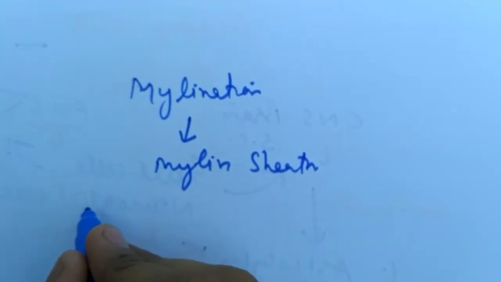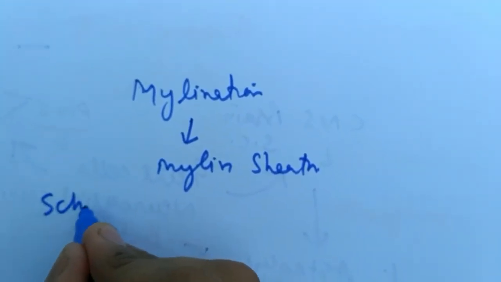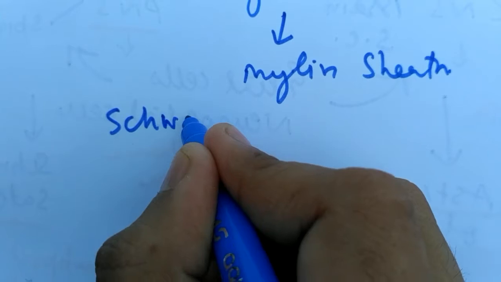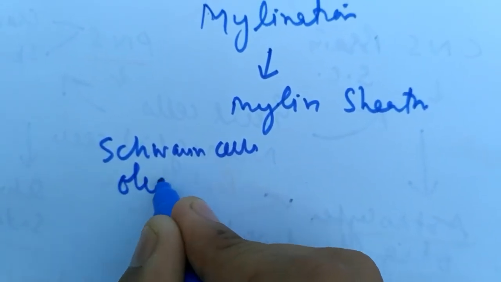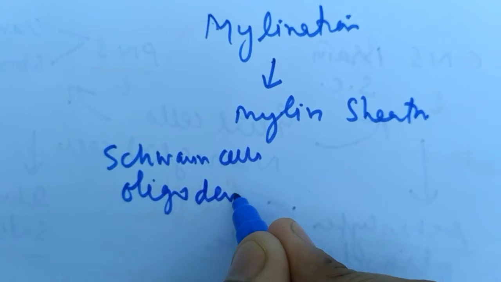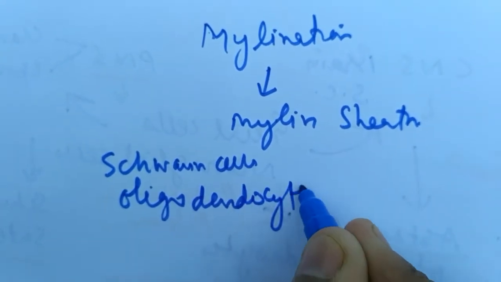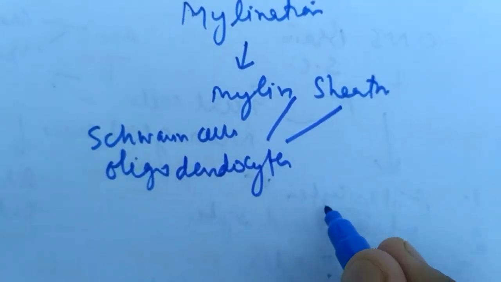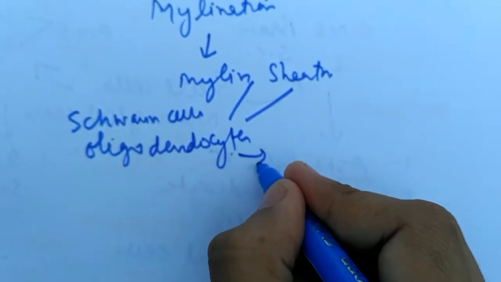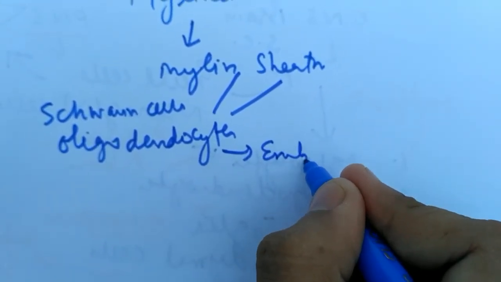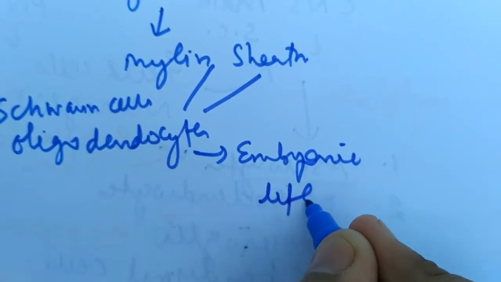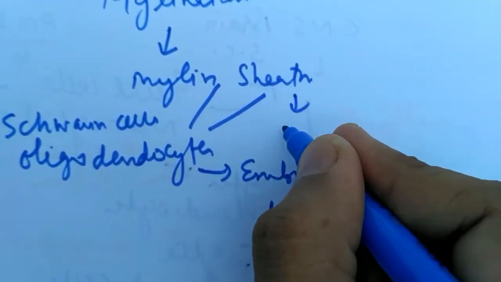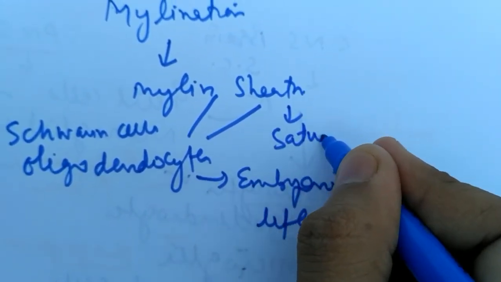It is done by the Schwann cells and also oligodendrocytes. It is mainly formed in embryonic life. It is formed of saturated fat.